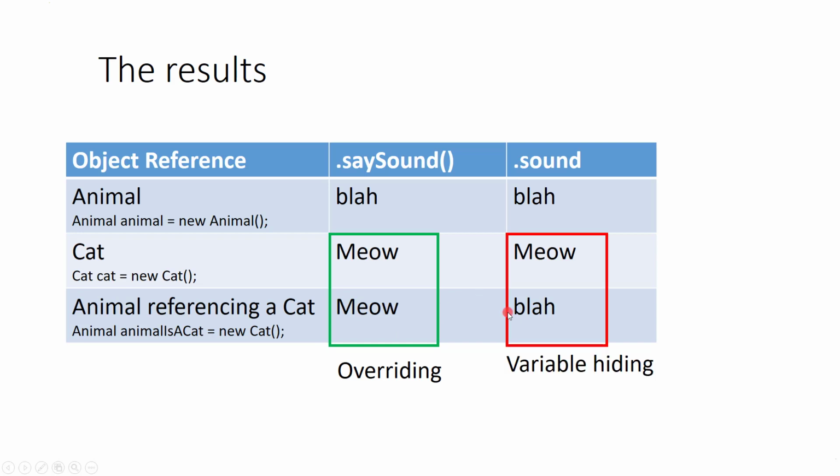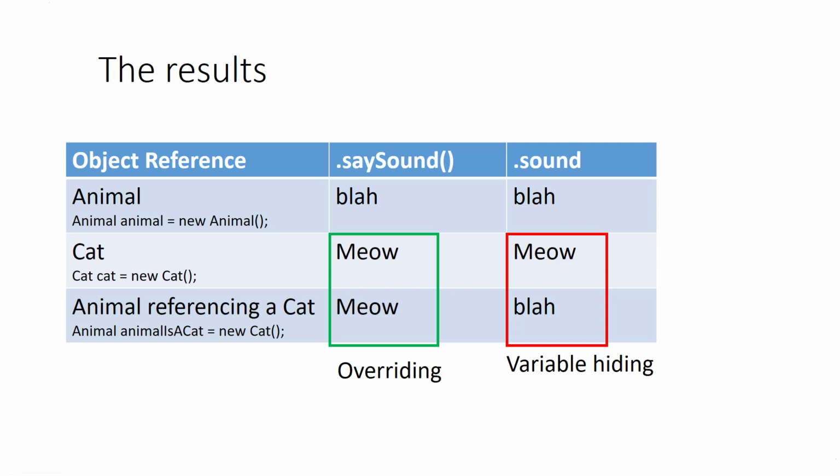But in contrast with variable hiding, the object for the cat will say meow for the cat object reference, but when that same cat object is pointed to by a different object reference, which would be animal, it has a completely different value. So the behavior is no longer the same. And that's the real danger with variable hiding.